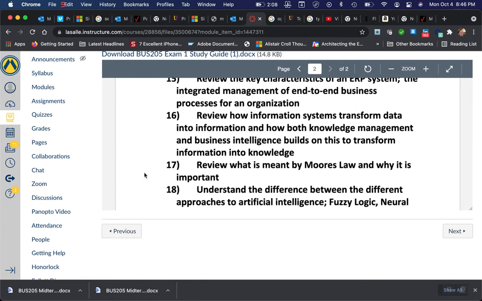You want to take a look at Moore's law. What do we mean by Moore's law? Why is it important? So obviously, the importance of Moore's law was the observation that computers get faster and cheaper over time. The idea of doubling capacity on a 12 to 24 month basis has really been in effect since the mid 60s, and has really been the foundation.